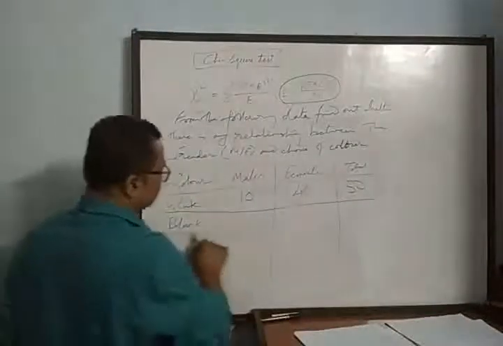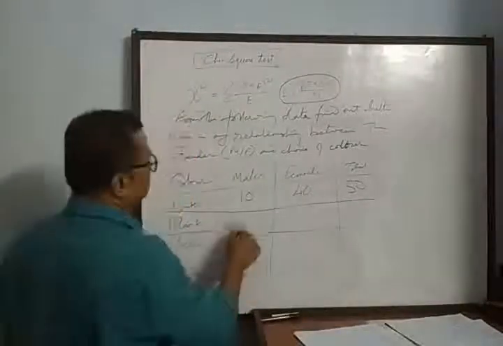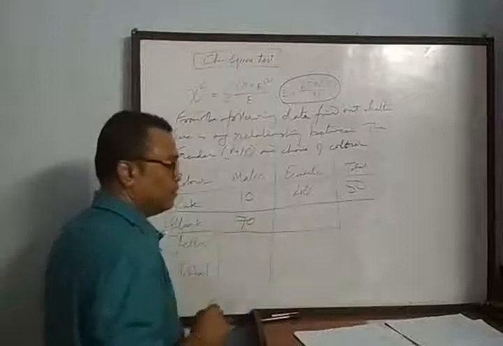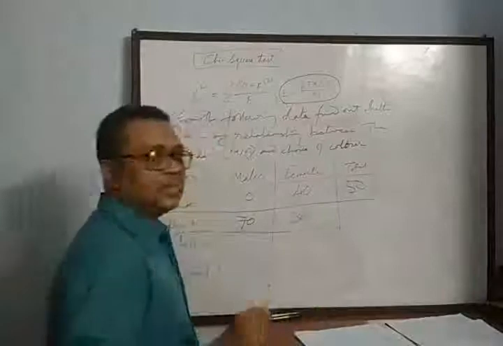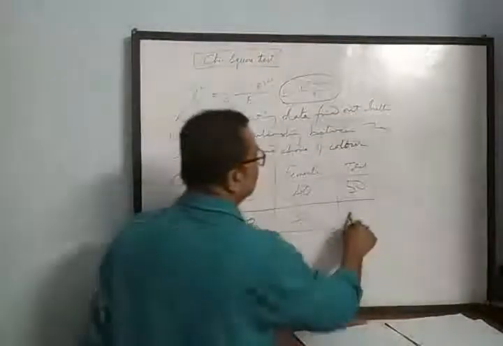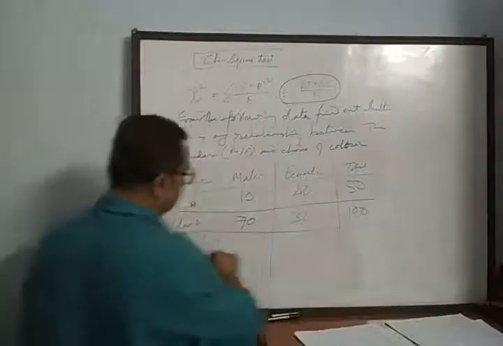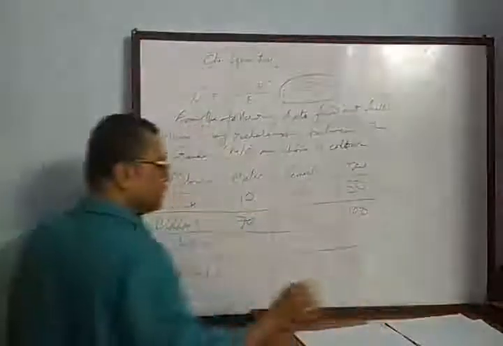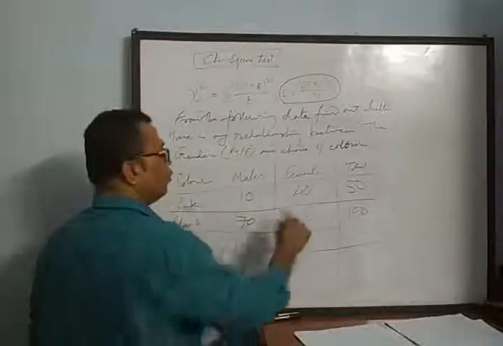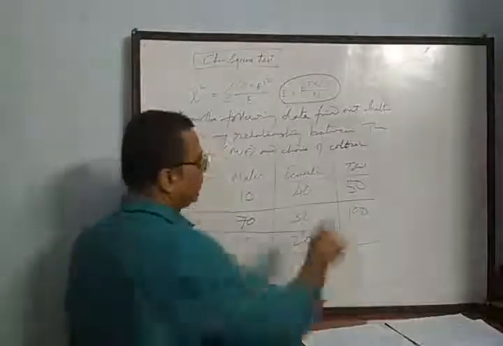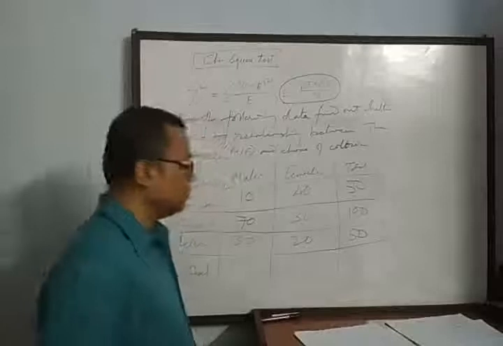For the black, males 70, females 30, and total will be 100. Now for yellow, males 30, females 20, and total will be 50.